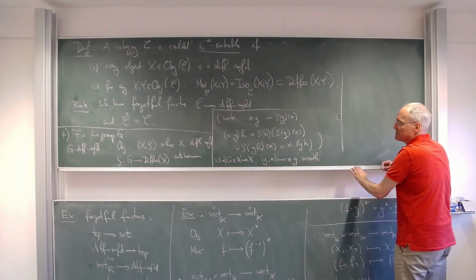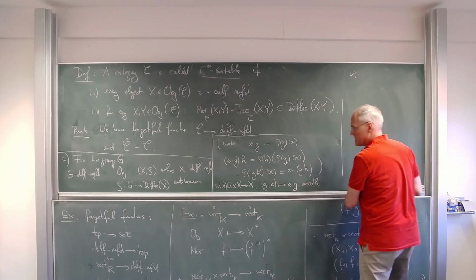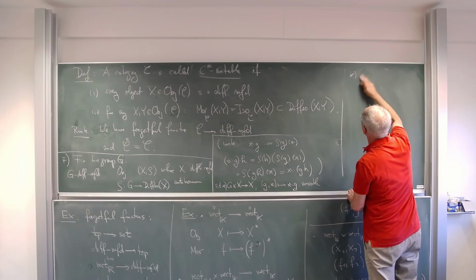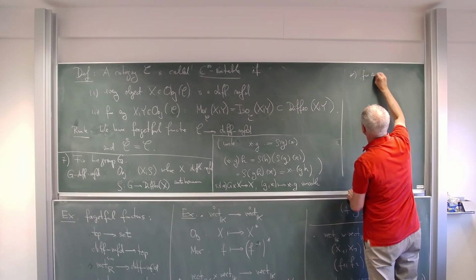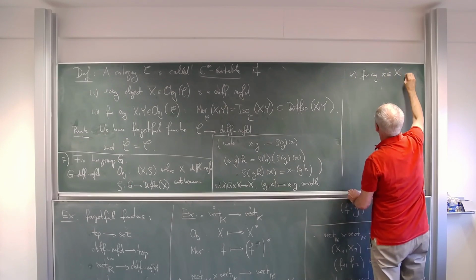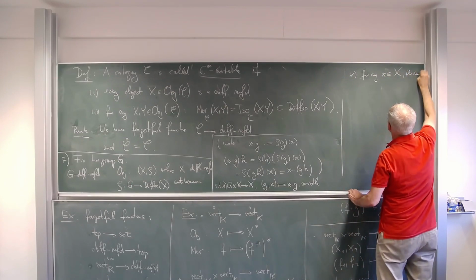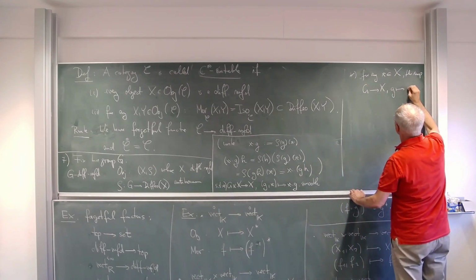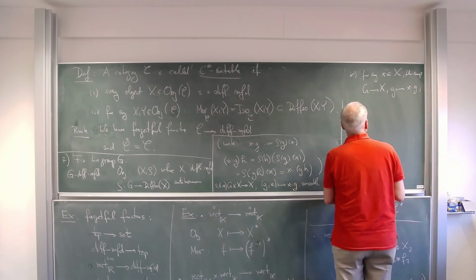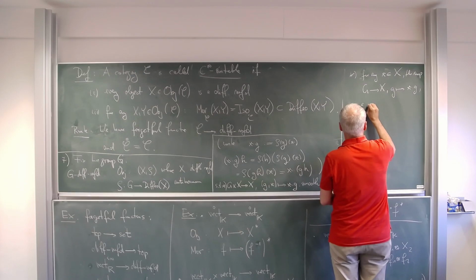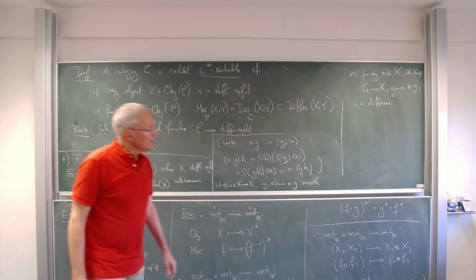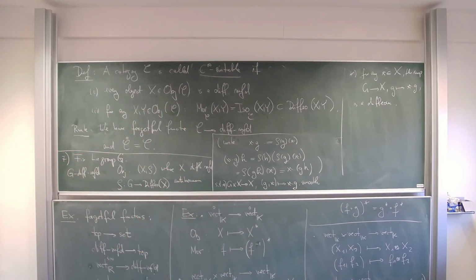And the other property is simply transitive. That means for any point in my manifold X, the map from G to X, mapping G to X dot G, is a diffeomorphism. In particular, it's bijective. In other words, this manifold X is diffeomorphic to my Lie group in particular.